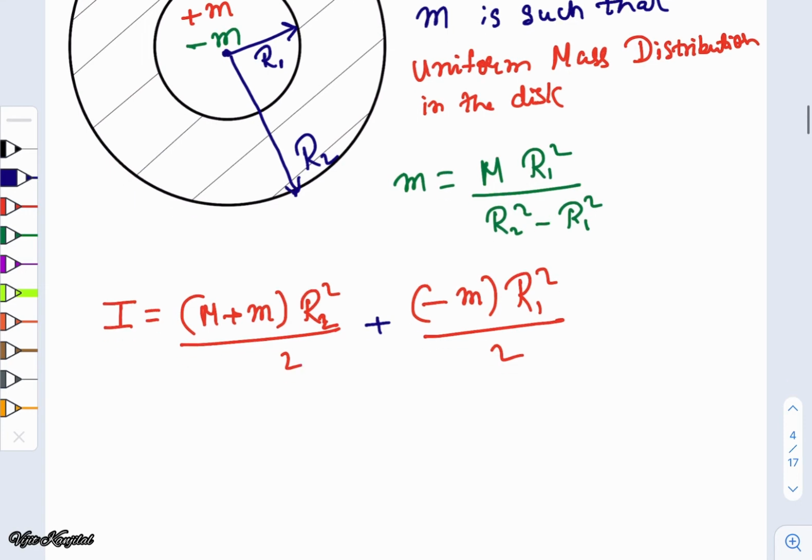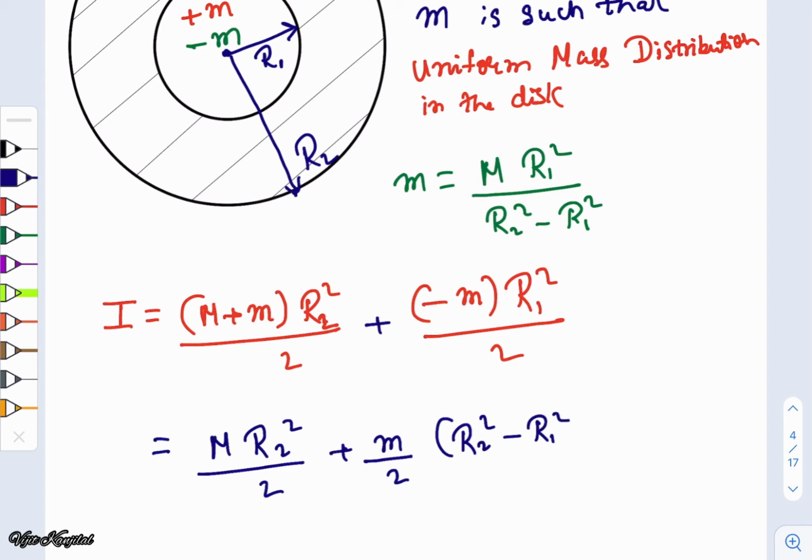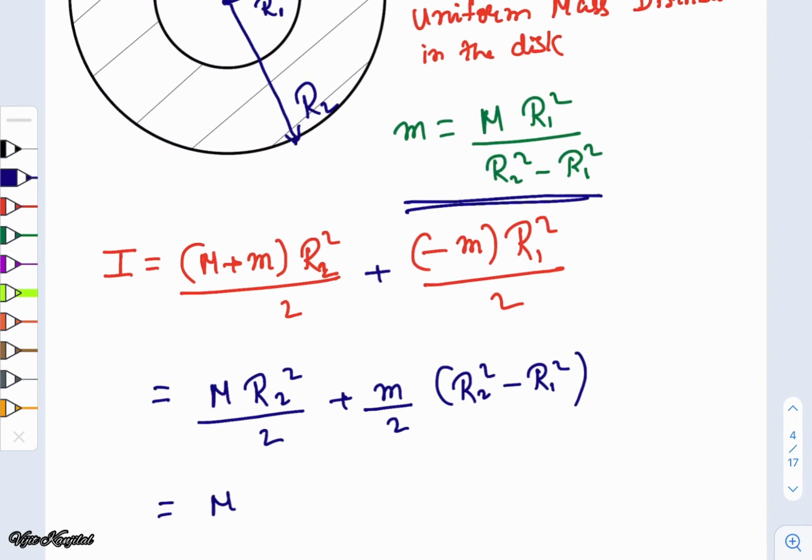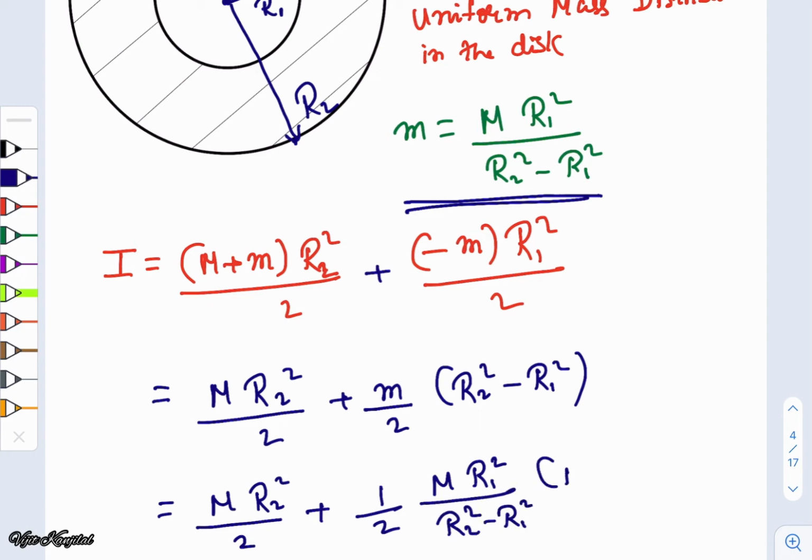So what do we get? Let us simplify this. If we simplify this particular expression, we have capital M r2 square by 2 plus small m by 2 times r2 square minus r1 square. Let us substitute the value of small m. Let us use this result. So capital M r2 square by 2 plus half times capital M r1 square by r2 square minus r1 square times r2 square minus r1 square.